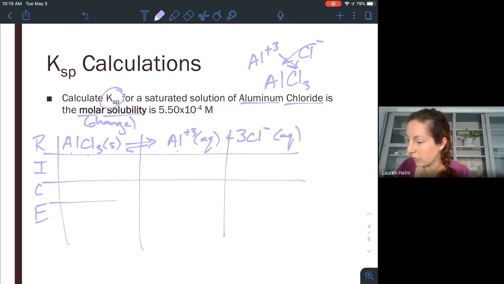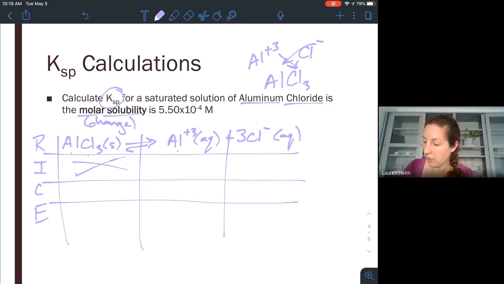We're going to fill in our RICE table. What do we know? Well, the initial concentration of our solid doesn't matter. The equilibrium concentration doesn't matter either. It's a solid. We don't have any product yet. Our molar solubility is our change. We're going to lose that much of our solid as it dissolves, and we're going to gain that product.